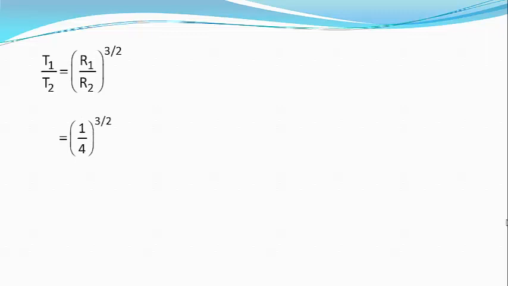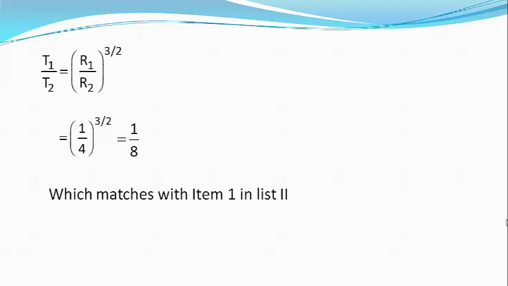Substituting R1 by R2 equals 1 by 4, we get T1 by T2 equals 1 by 8. So, item S in list 1 matches with item 1 in list 2.